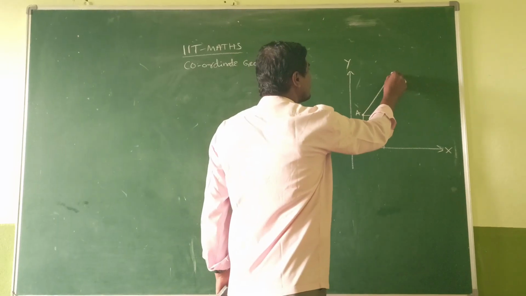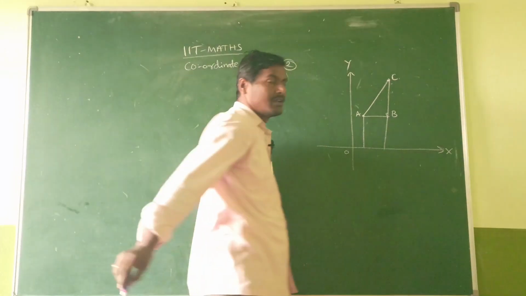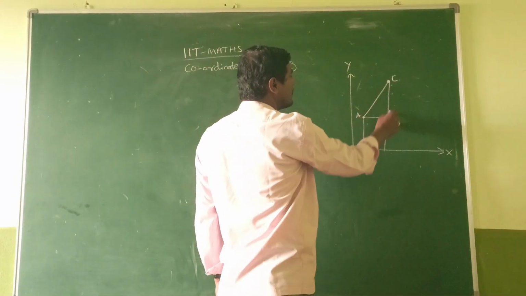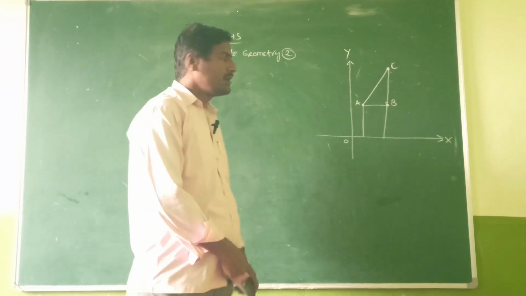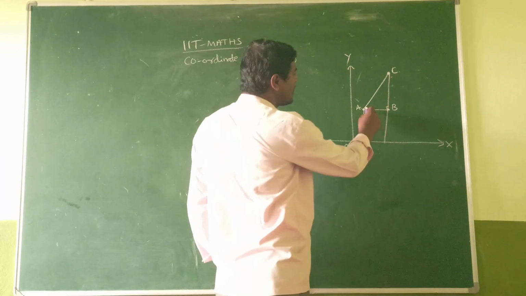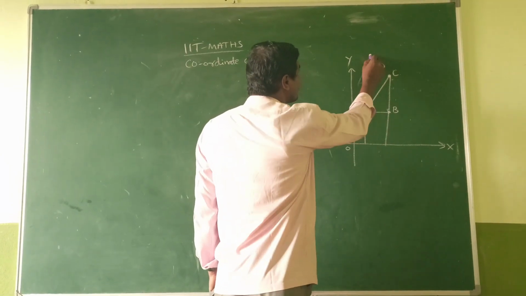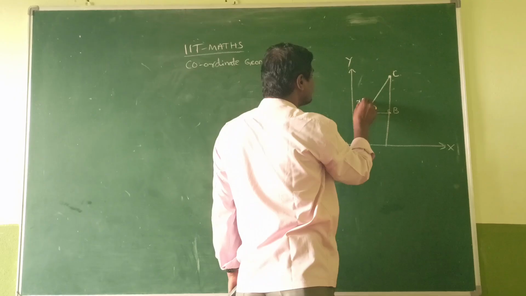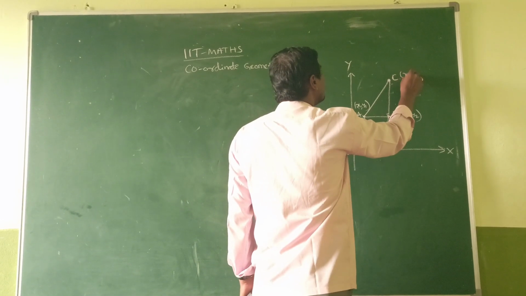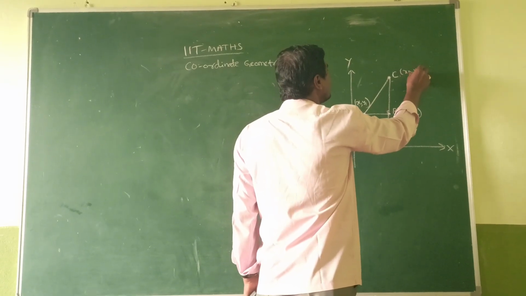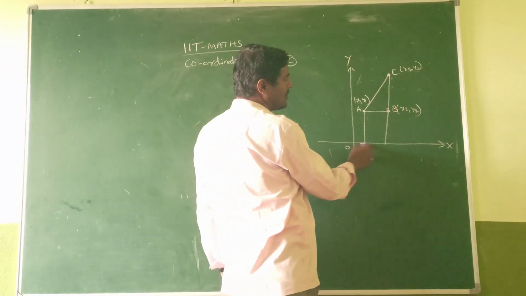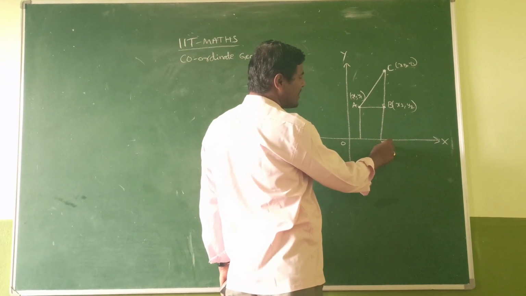This is A, this is B, this is C. Now we have to find the distance between the points A and C. Here A is (x1, y1), B is (x2, y2), C is (x3, y3).